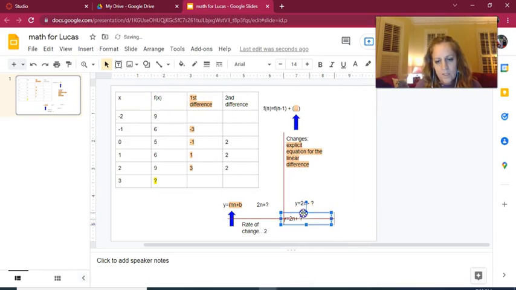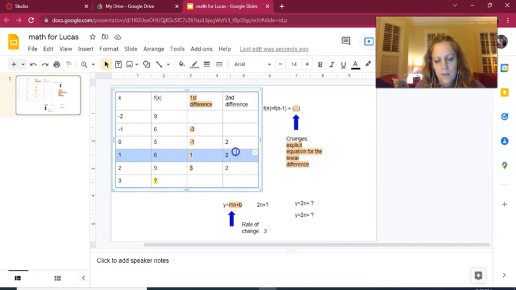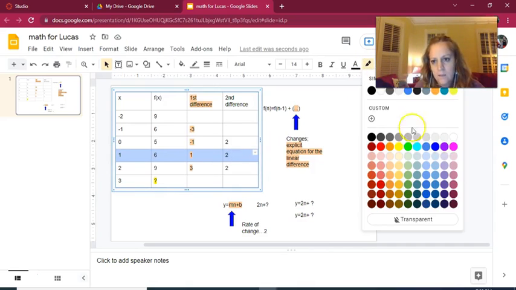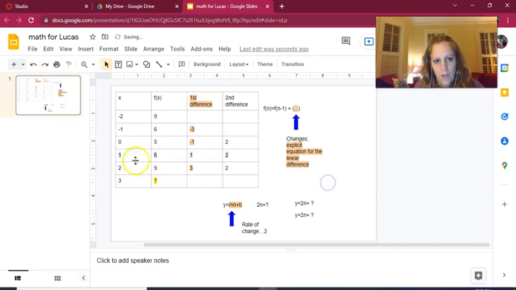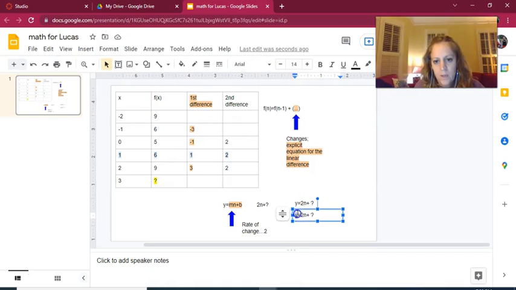So what he suggests is taking a number from here and seeing if it works. If we do this line right here, I can highlight that in this blue color. Our x value is 1, and our f of x is 6. And remember, f of x is the same thing as y. So I'm going to put 6 right here, okay?